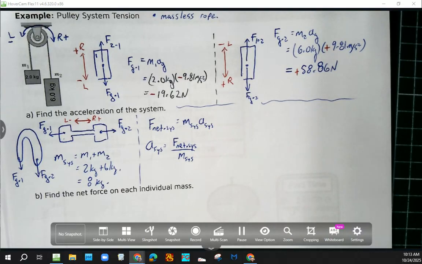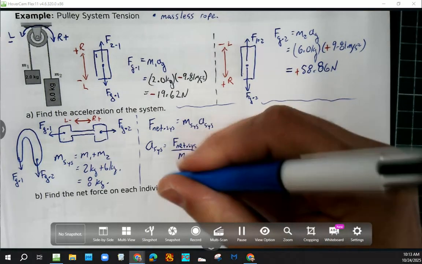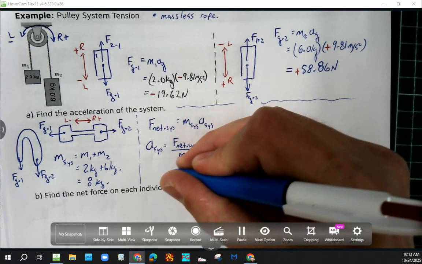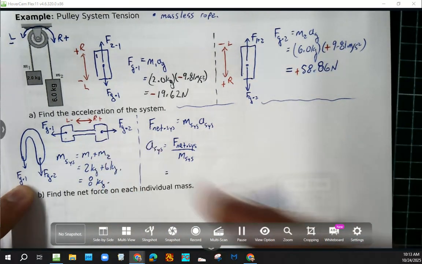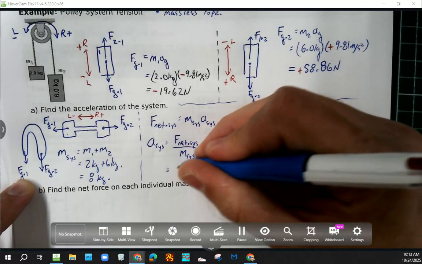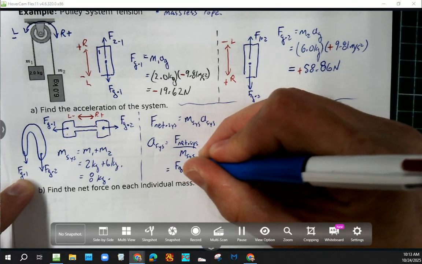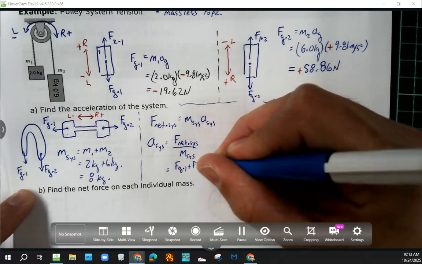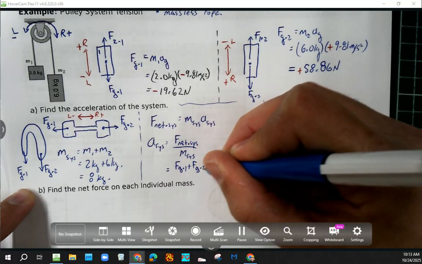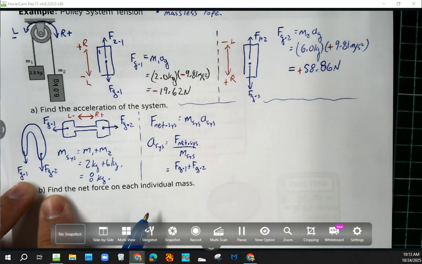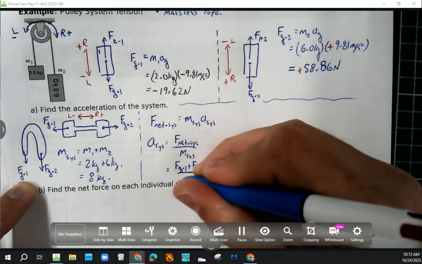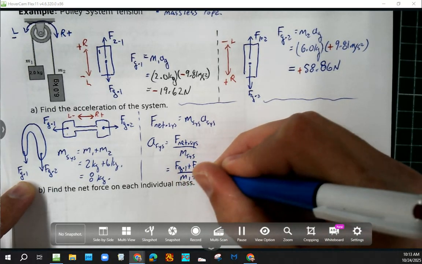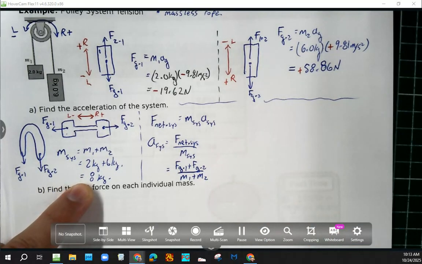I don't know what F net sys is off the top of my head. What I do know is that based on either way of envisioning this tug of war, F net sys is going to be Fg1 plus Fg2. Remember, I'm using a force diagram to come up with an equation. And the mass of the system is going to be mass 1 plus mass 2, which I already figured out was 8 kilograms.